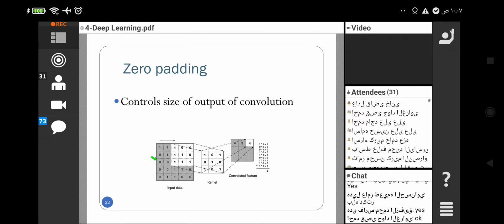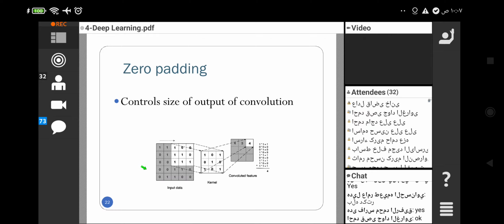I said that we can't put the center of the kernel here, or here. Generally, we can't put the center of the kernel in the boundary. This is the boundary. Do you understand? We can't put the center of the kernel in these places.